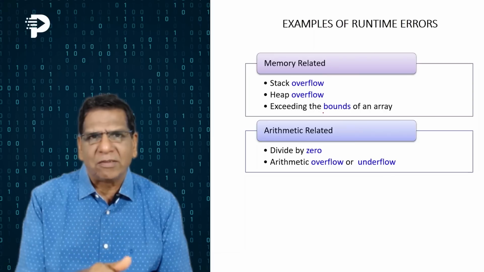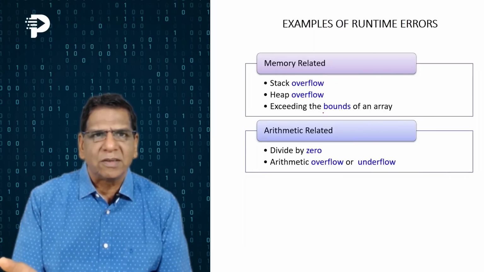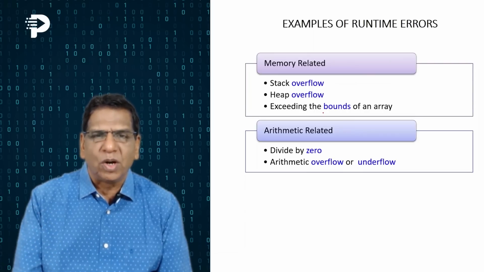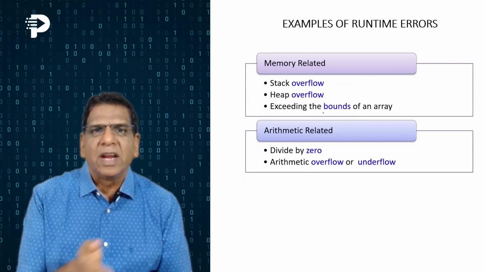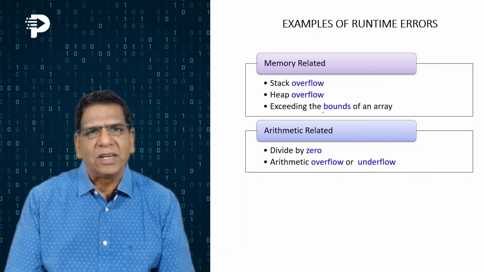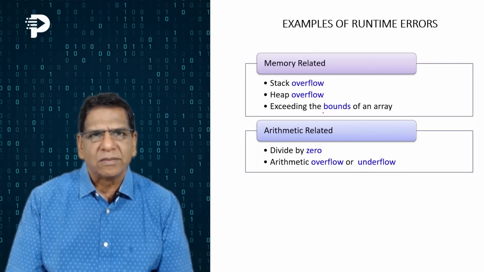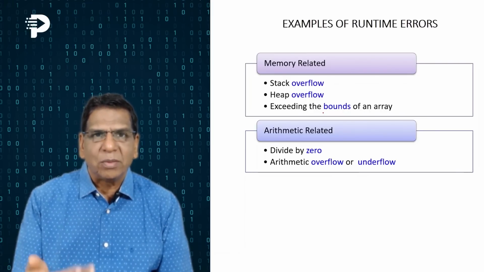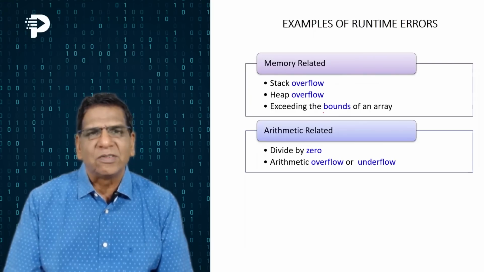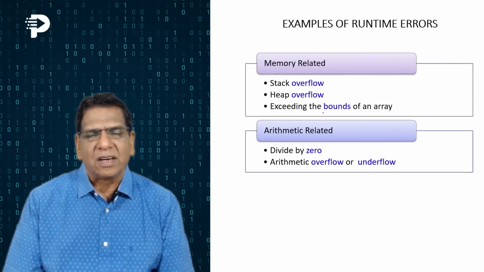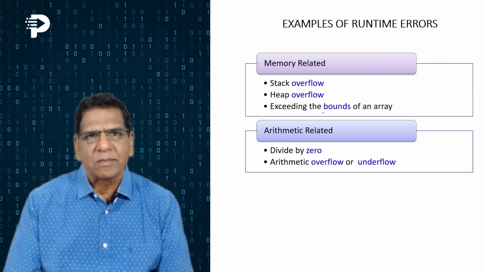Byte, for example, has a value minus 128 to plus 127. So if byte arithmetic is involved and you try to go beyond 127, an overflow would occur, and if you try to go below minus 128, then an underflow would occur. So that's something that is likely to happen only during execution. That's why it gets classified under runtime error or exception.